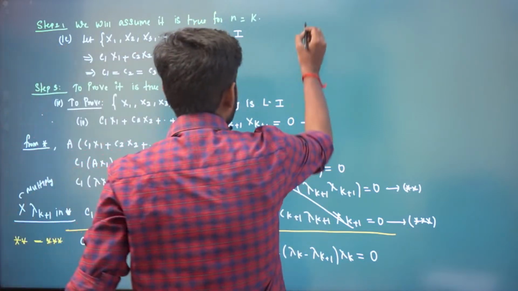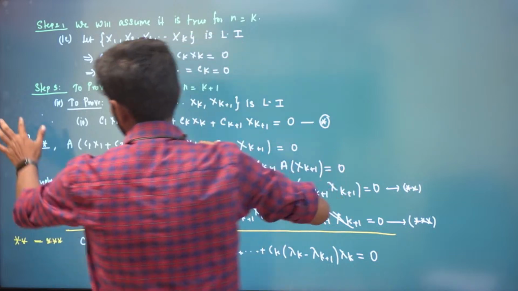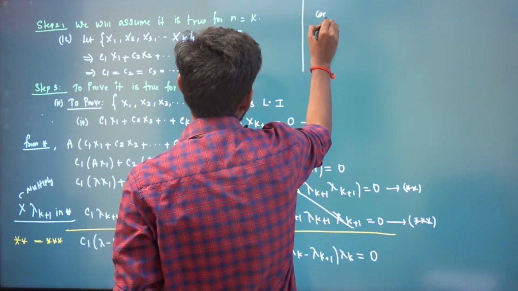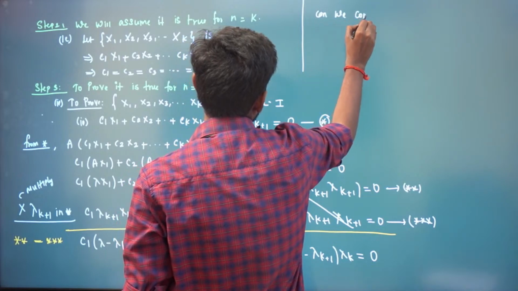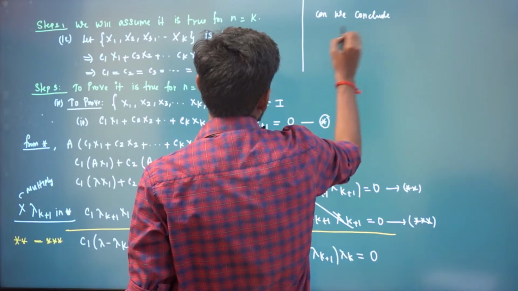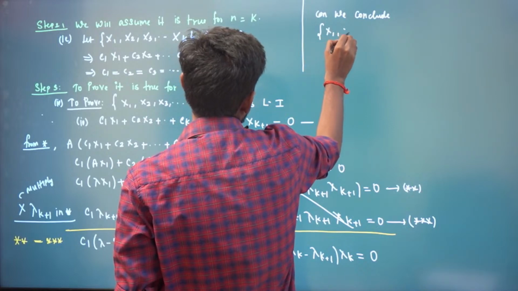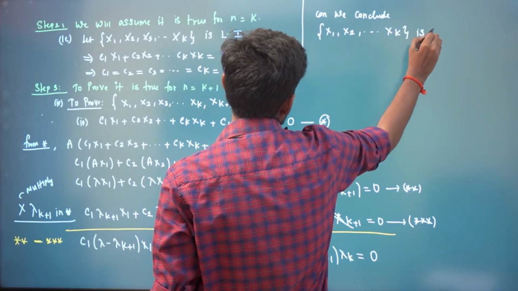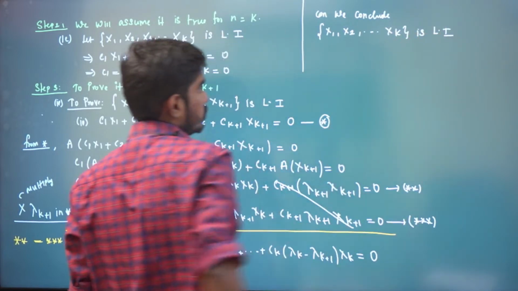From this, can we conclude the set x1, x2, and so on up to xk is linearly independent?